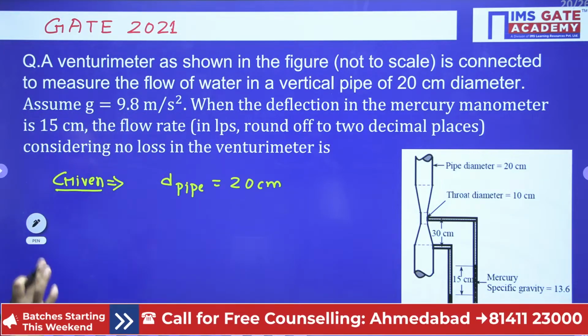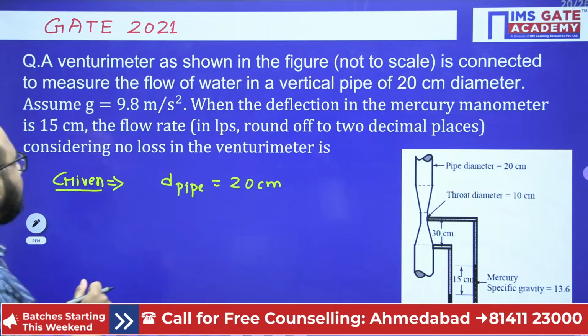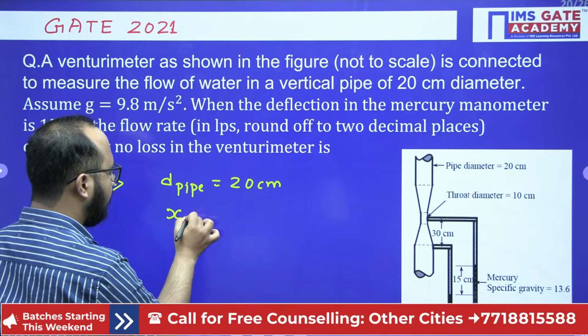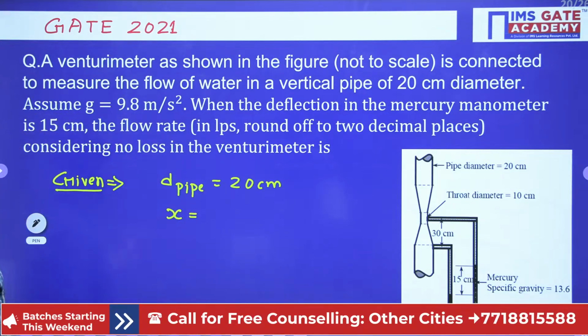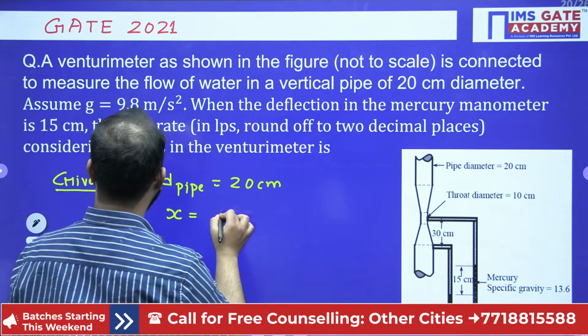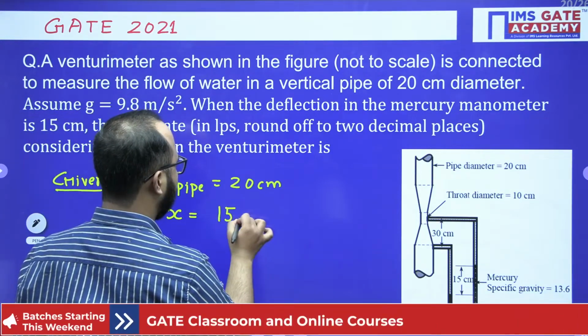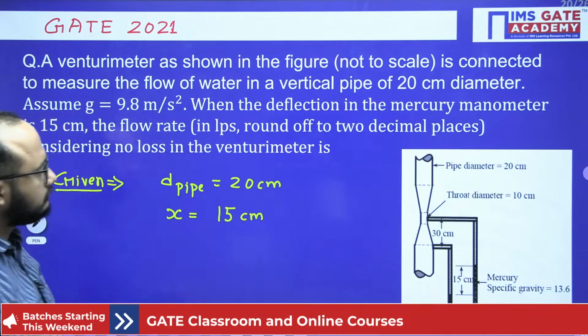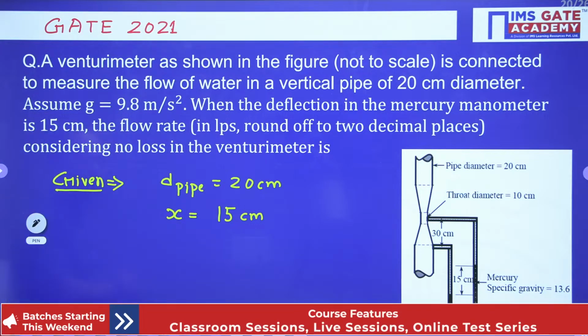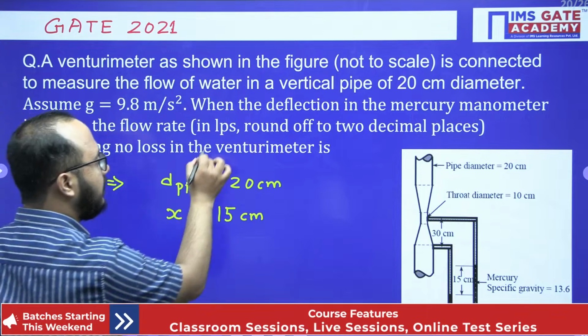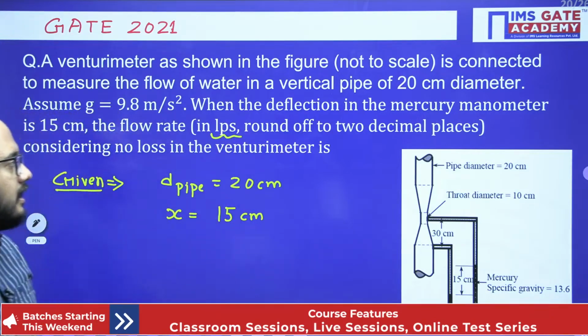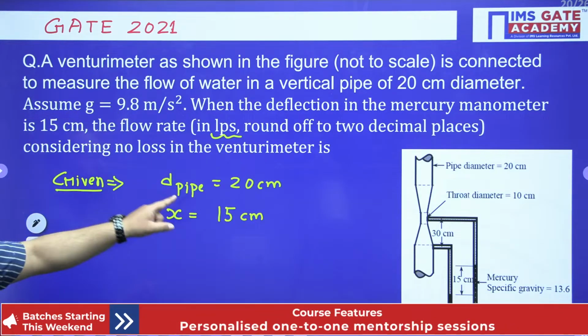g value 9.8 we need to take. Deflection in the manometer is 15 centimeter. So I will take notation x for manometric deflection, that is given as 15 centimeter. Flow rate they are asking, remember in LPS, liter per second. Round off to 2 decimal places, considering no loss in the venturimeter.